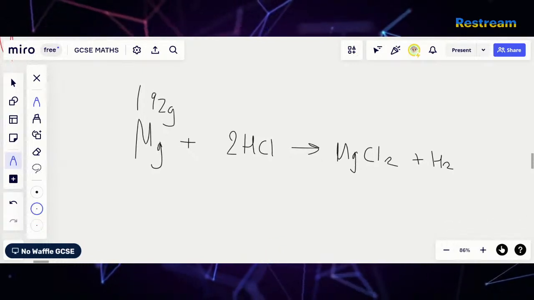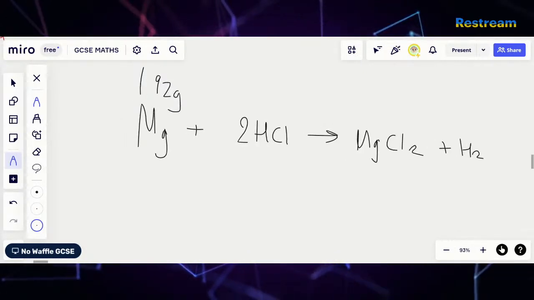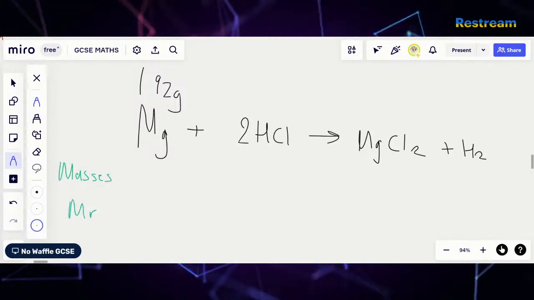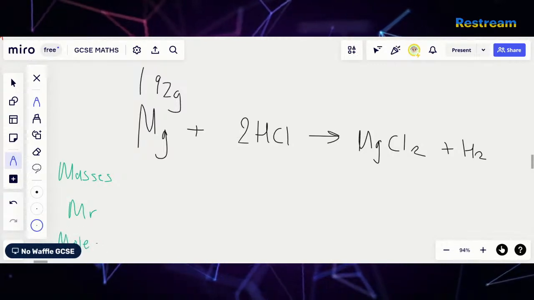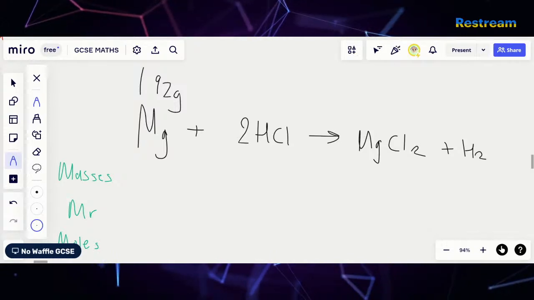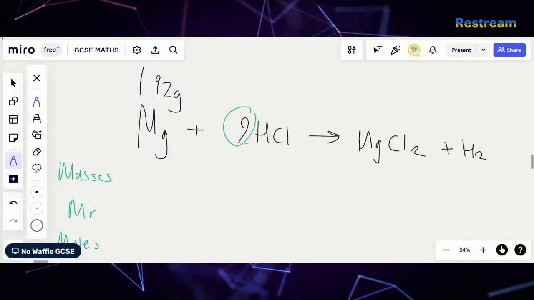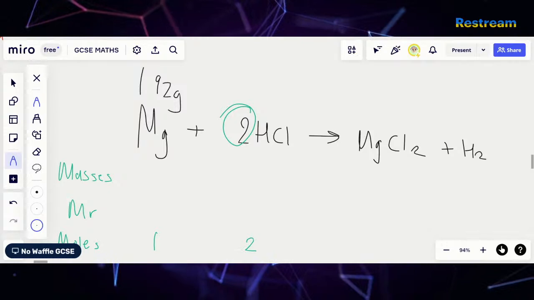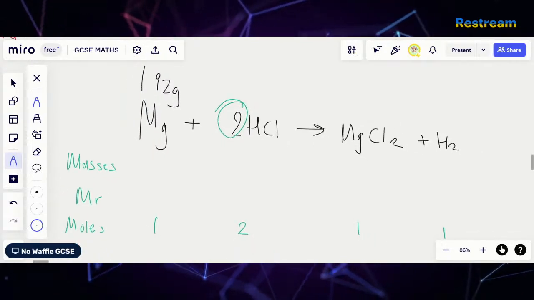Firstly, let's write it in green. You want to create a column for the masses, a column for the mass number, and then you can create a column for the moles if you wish. The moles are represented by the big numbers in the front. So here you can see that there are 2 moles: 1 mole of magnesium, 2 moles of hydrochloric acid, 1 mole of magnesium chloride, and 1 mole of hydrogen.